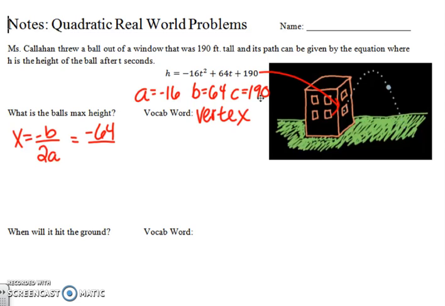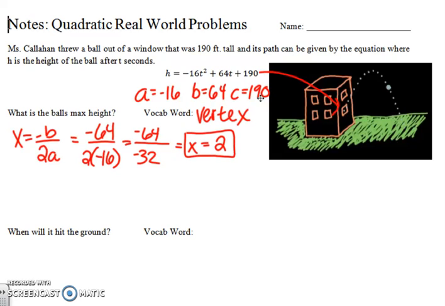I'm going to opposite b, over 2 times negative 16. Now again, you can type that in the calculator in the fraction button, or you could simplify the denominator and get negative 32, and then have negative 64 on top. When you divide those numbers, negative divided by negative is positive, so you should get x equals a positive 2.